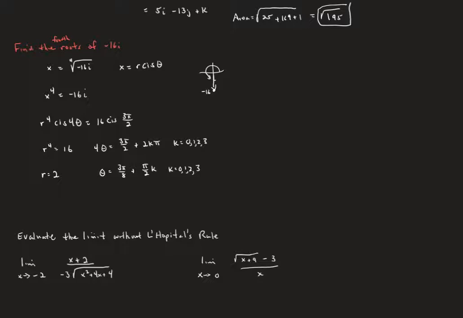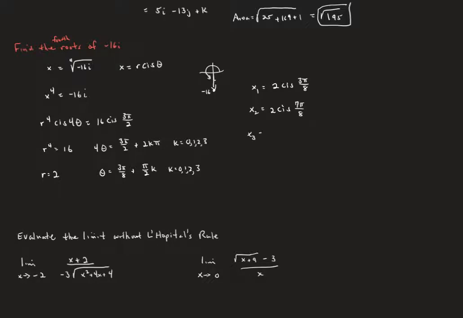So one of our fourth roots is going to be r, which is 2, cis, and we'll choose k to be 0, so it's 3 pi over 8. Our second one is r, which is 2 again, cis, and 3 pi over 8 plus pi over 2, which is another 4/8, so that'll be 7 pi over 8.